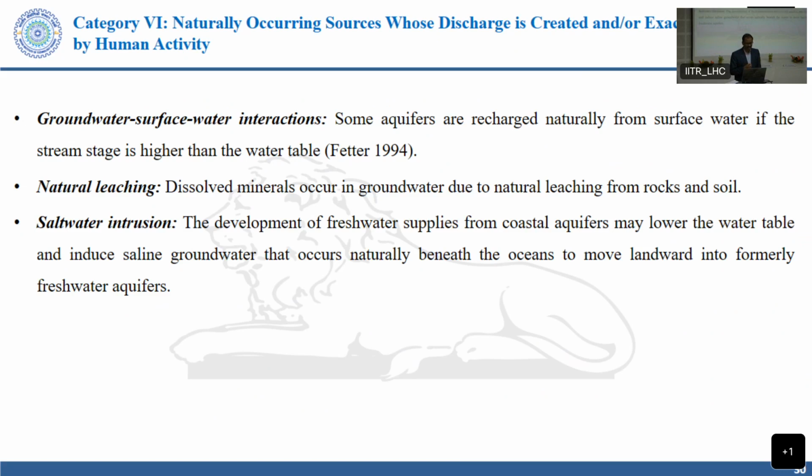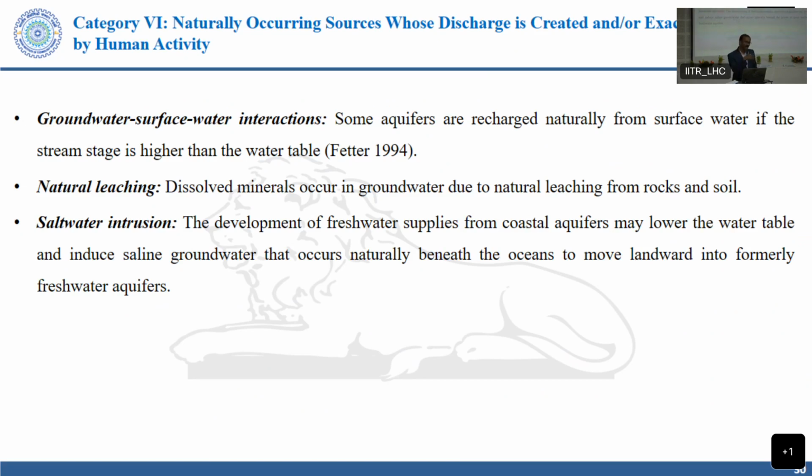Saltwater intrusion occurs in coastal areas. Development of freshwater supply from the coastal aquifer may lower the water table and induce saline groundwater, which occurs naturally beneath the ocean, to move landward into formerly freshwater aquifers.